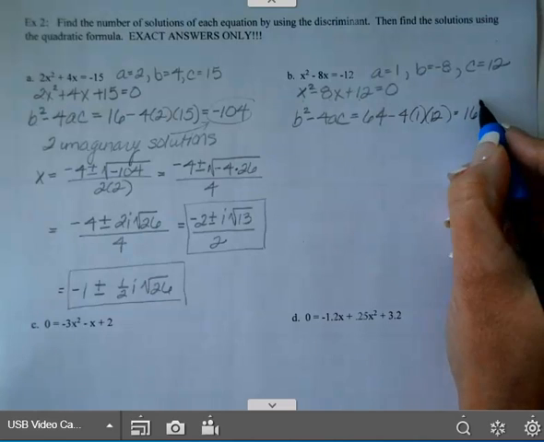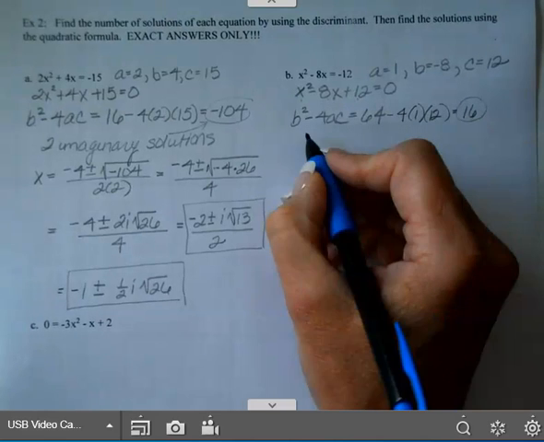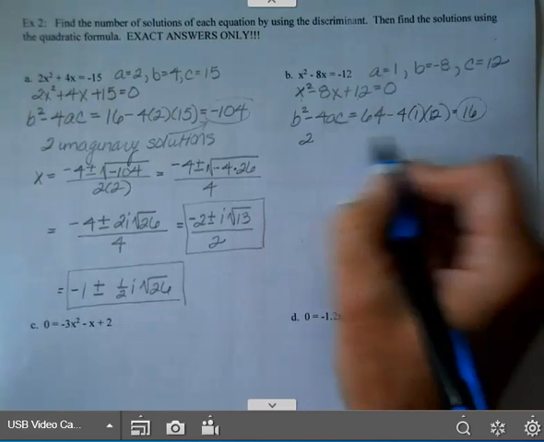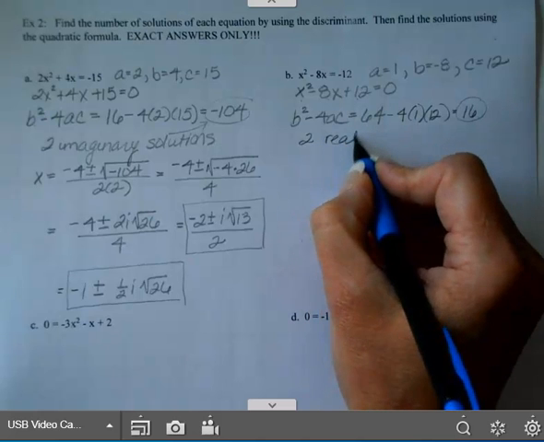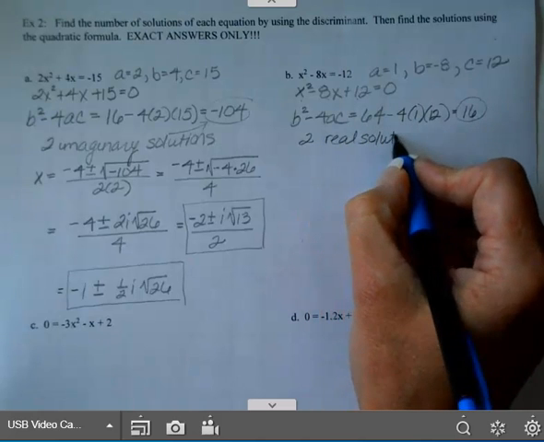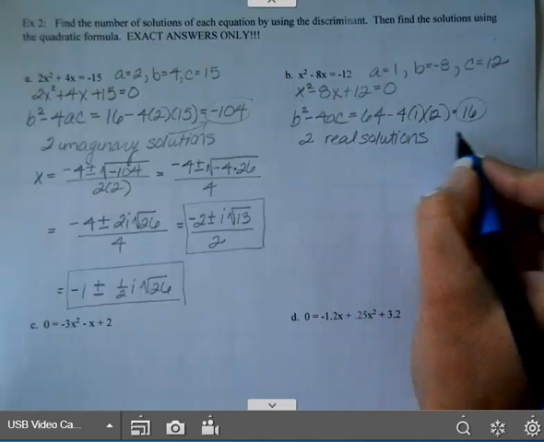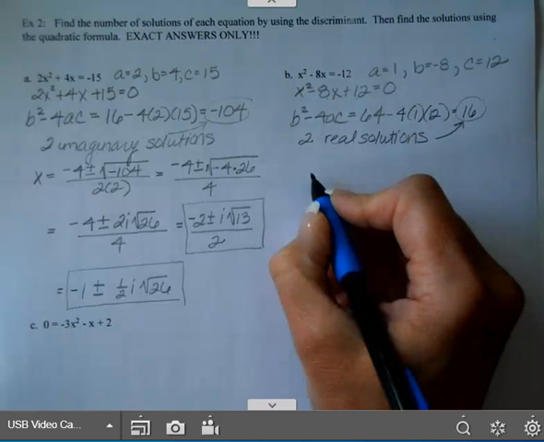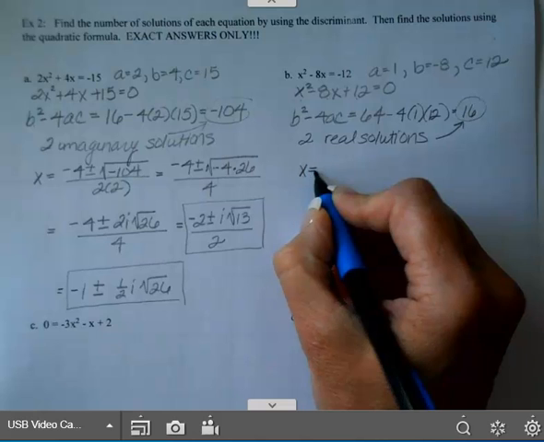And since this is positive, that means we're going to have two real solutions. Let's go ahead and set up our quadratic formula.